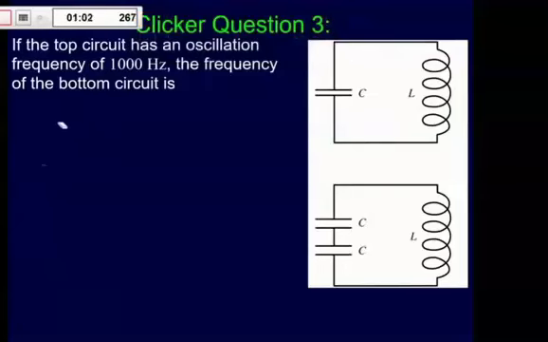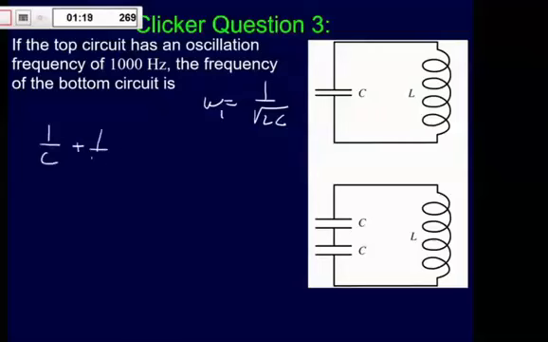The way I would think about this is, in the top circuit, it's 1,000. So we know that omega is equal to 1 over radical LC in the first case. Now, in the second case, how does the capacitance change? We've got two capacitors in series. So I'm going to take the equivalent capacitance, and this is one that we did a lot.